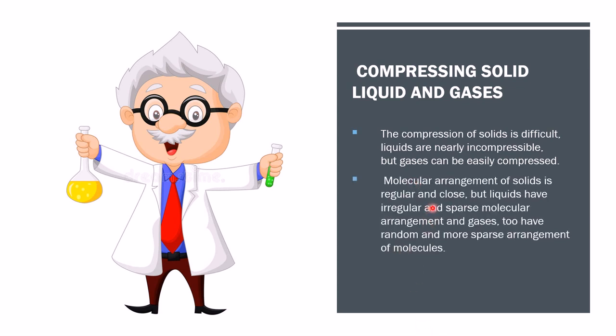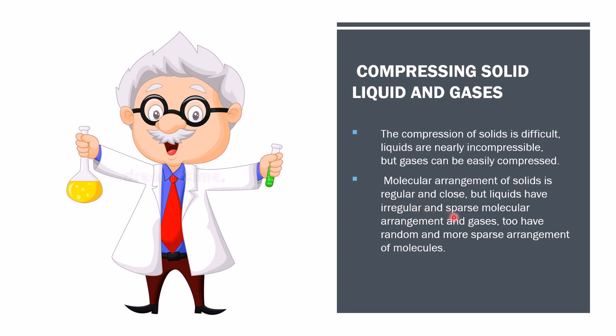Okay. Now, molecular arrangement of solid is regular and close, but liquids have irregular spaced molecule arrangement, and gases have random and more spaced arrangements of molecules. So the molecule arrangement in solids is regular and close. In liquid, they're not that close, but regular, like medium, just like I told you. And in liquids, they are irregular.